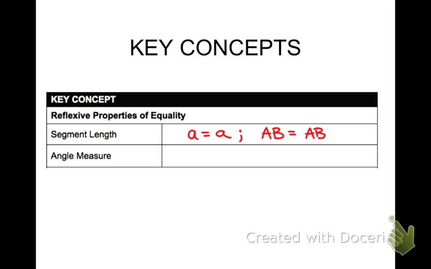Okay? So, something is exactly whatever it is. Same thing for angles. Angle A is equal to angle A. I guess I should say the measure of angle A is equal to the measure of angle A, since we're talking about equality. Okay, reflexive property, it's super easy. Something is the same as what it is.